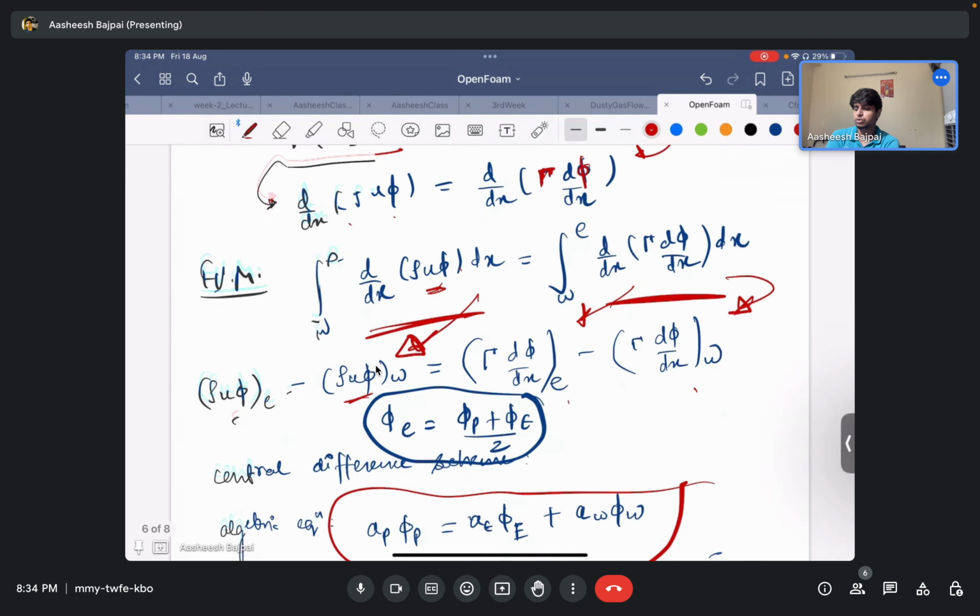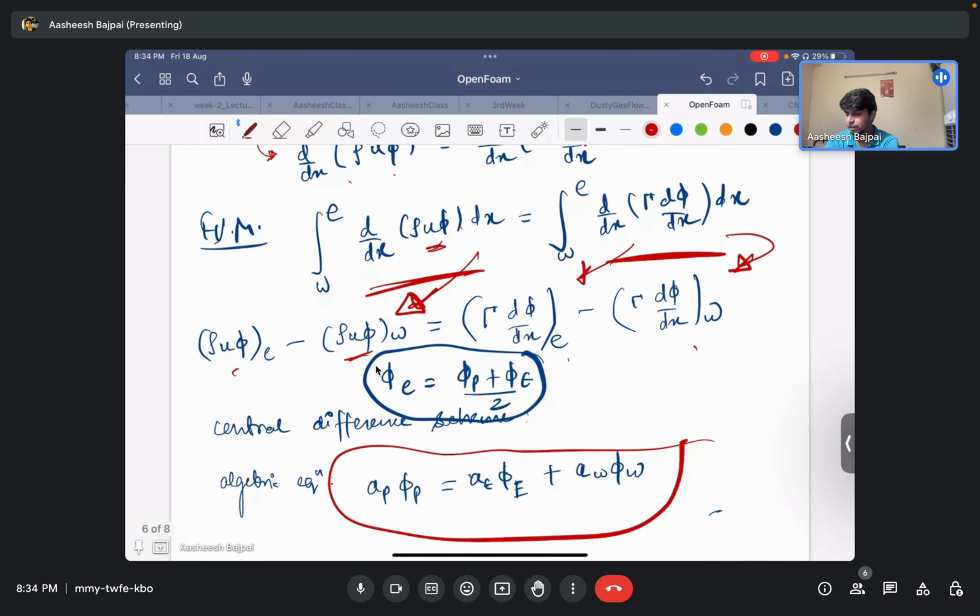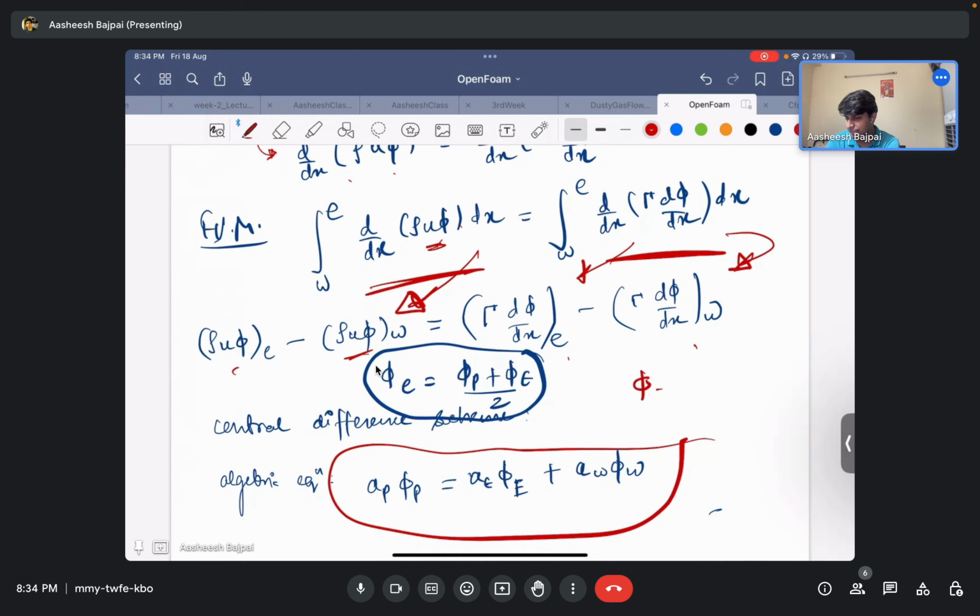Okay, I think this is clear, but how will you calculate phi at the faces? Phi at E will be the average of phi P plus phi E divided by 2, and here also I will take phi P plus phi W divided by 2.